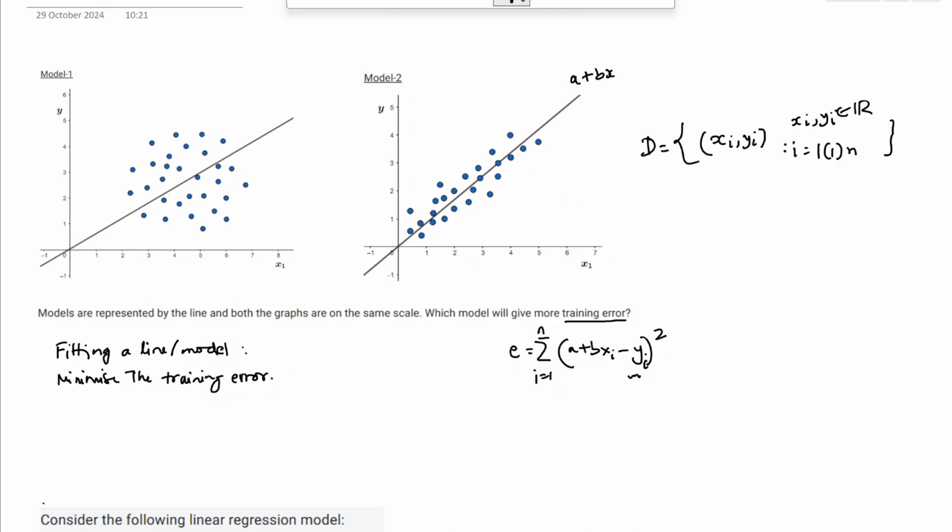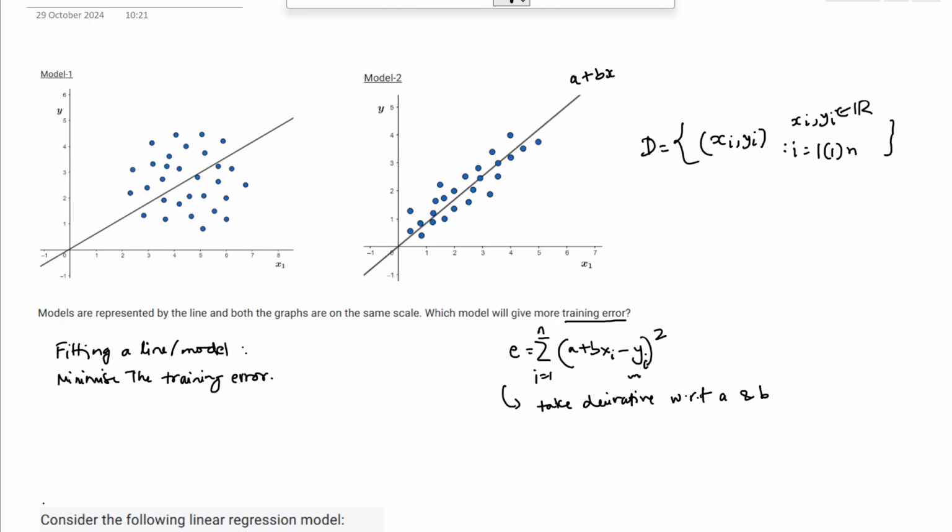So how linear regression works is that we start with this, then we take the derivative with respect to a and b, and then we figure out, using the first order and second order conditions of the derivative test, what would be the values of a and b for which this is minimized.